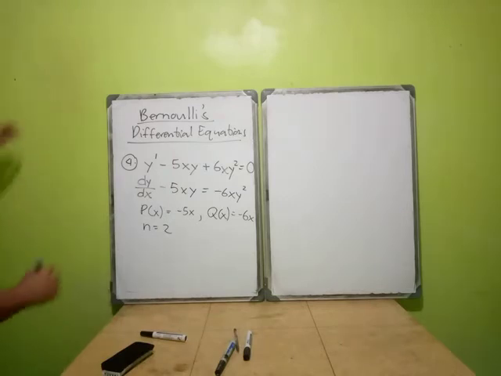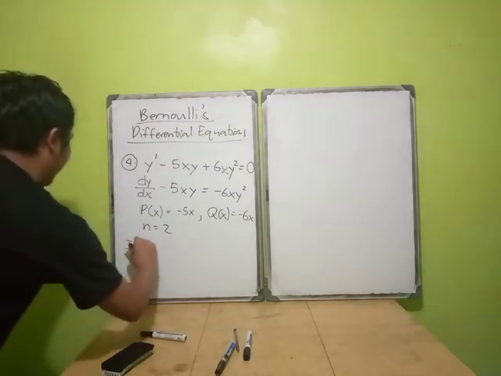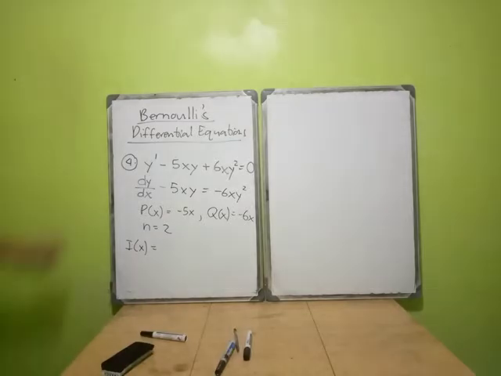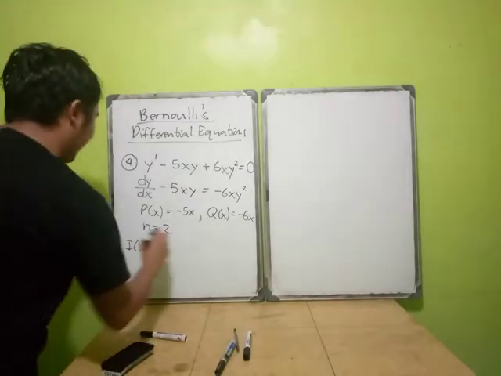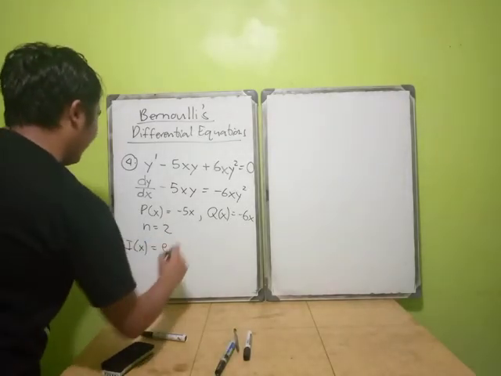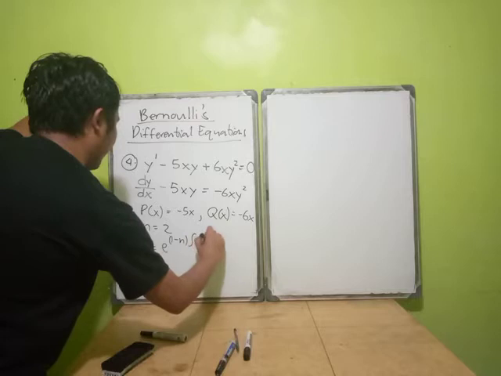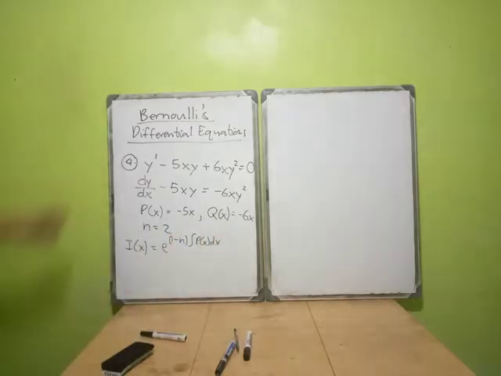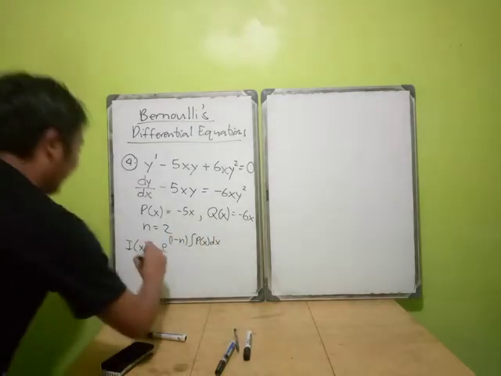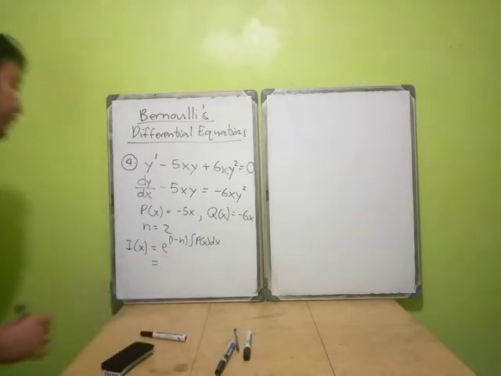So, pwede nating pakita yung integrating factor natin si ix. Okay, so please remember that the integrating factor ix is equal to e to the 1 minus n integral of px dx. Okay?